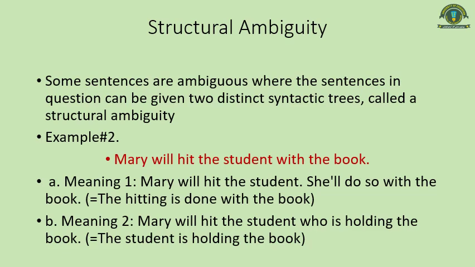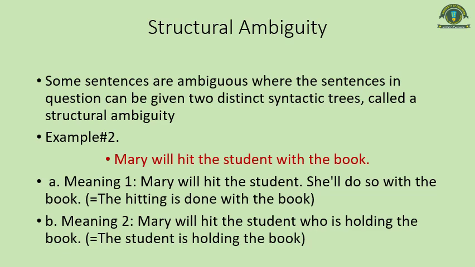These cases can be explained when it is observed that the sentence in question can be given two distinct syntactic trees, which lead towards what is called structural ambiguity, which refers to the ambiguity that is created in the structure of a particular sentence.